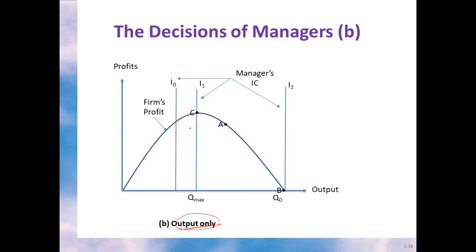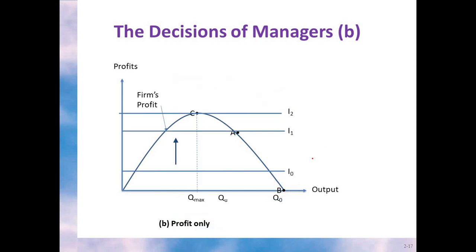It becomes vertical because you want to target output, whether you produce at I0, I1, or I2. But if you look at this indifference curve, the highest level of output is at I2, which is again at point B. Just now we have seen your profit will be 0 if the decision of managers focuses on maximizing output.